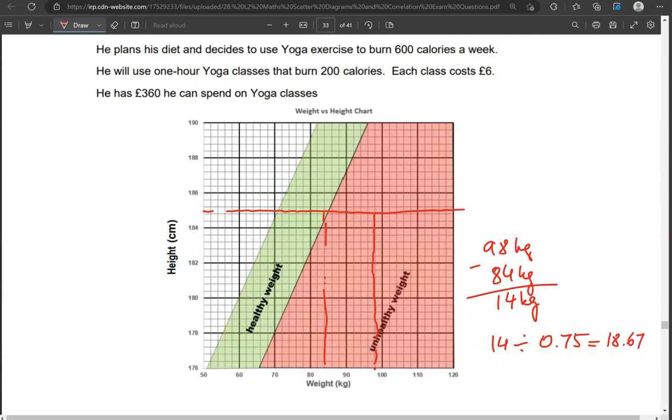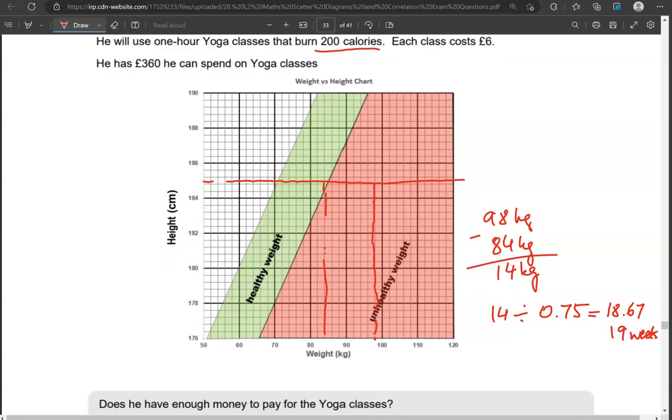So we're going to say 19 weeks, because 18 won't be enough anyway. So 19 weeks. Each week he will need to do 3 classes, because in each class he will burn 200 calories and he needs to burn 600. So that will be 3 classes each week.